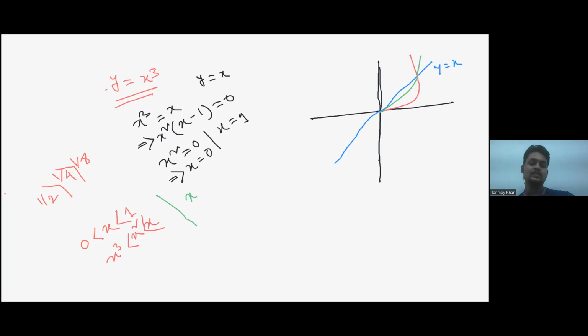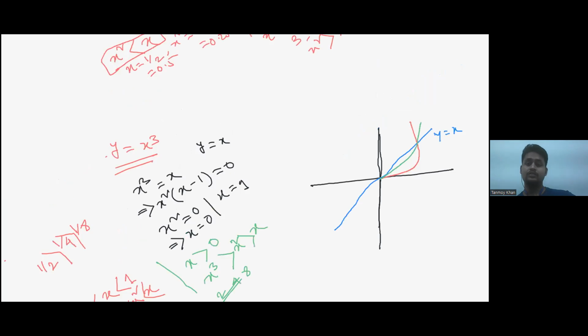So whenever x is greater than 1, x cube will be much higher than x and obviously higher than x square. Just take the 2, 4, right? So in this region, the 0 to 1 region, this will be like this, and the other region will be just exactly opposite.